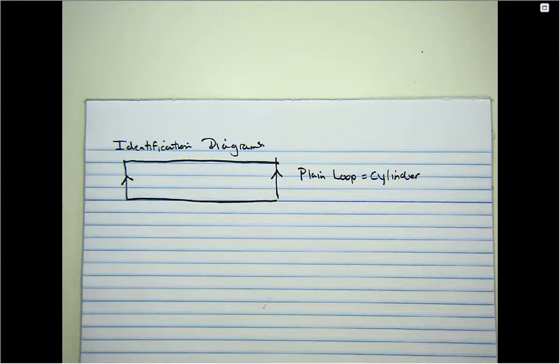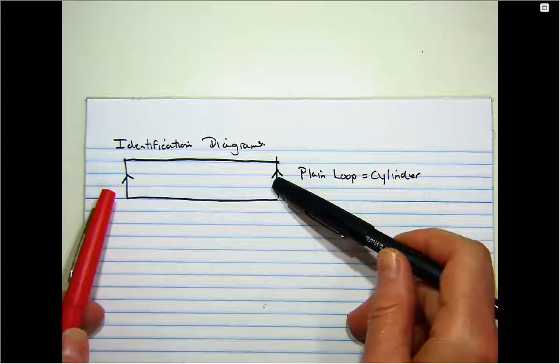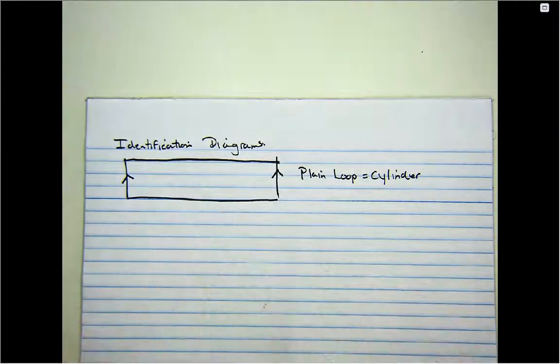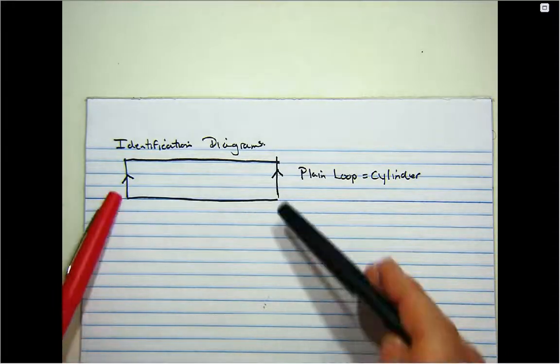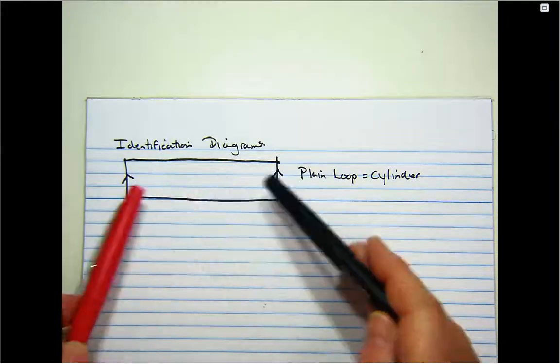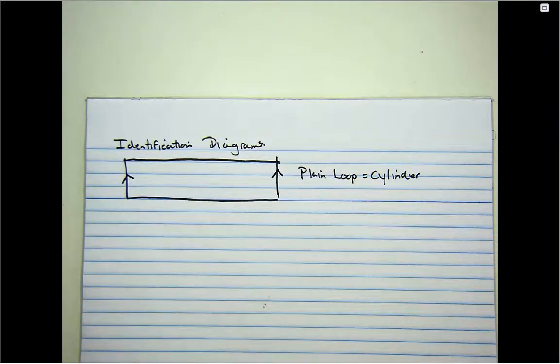And that just shows that you take the 2 up arrows and connect them and keep the arrows pointing the same direction. So the arrows have to be both pointed in the same direction once you've assembled your shape. So this way we don't get any twisting going on. We get just a direct connection here and make a cylinder.